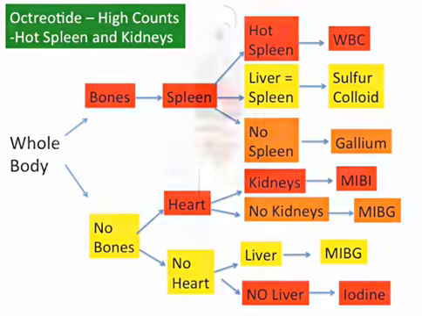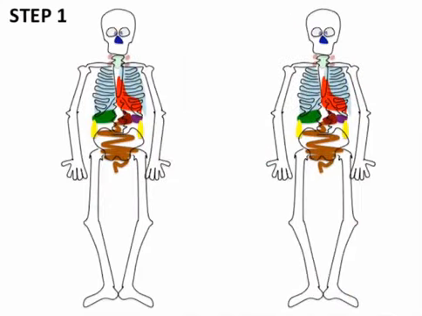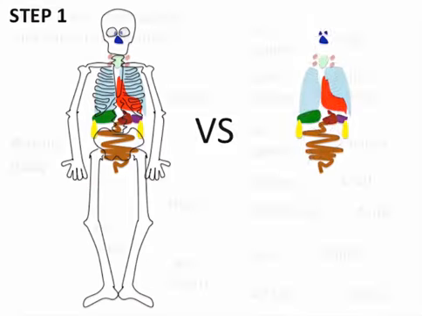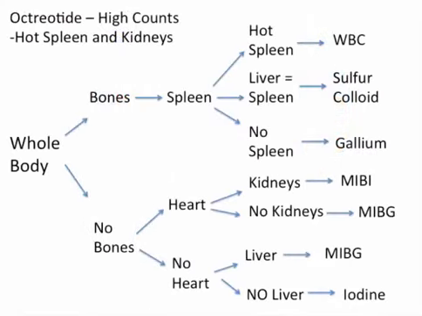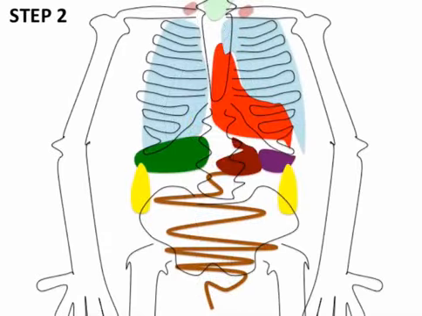So the first branching point is to decide whether or not you can see the bones. So you can either see them or you don't. So that's the first thing that you look for. So let's go down this path where we do see the bones. The next thing you want to look at is a spleen.